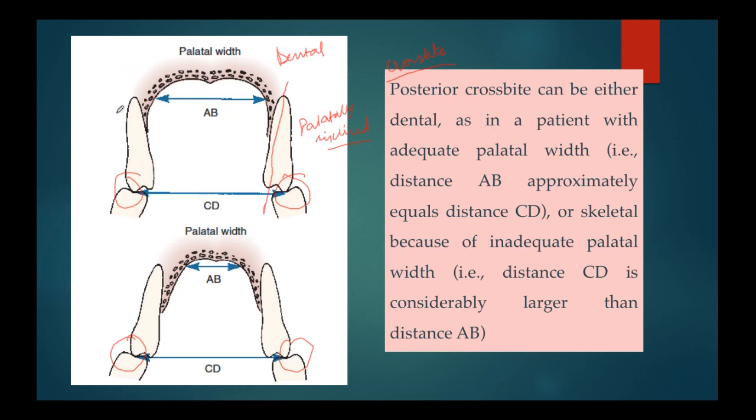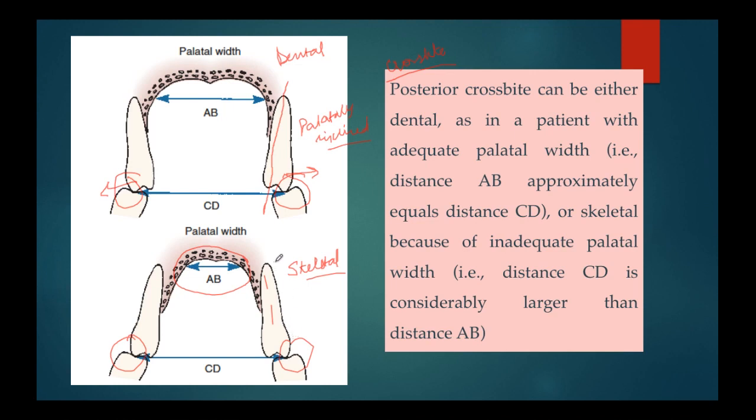Why it is important is because we have to correct this problem. If we only have the dental problem, what we need to correct is the dentition only. We need to put an appliance which will lead to the expansion of teeth only, so that we can correct the crossbite. But in this image, AB is very small as compared to CD. So here it is a skeletal crossbite. Also the teeth are in good alignment.